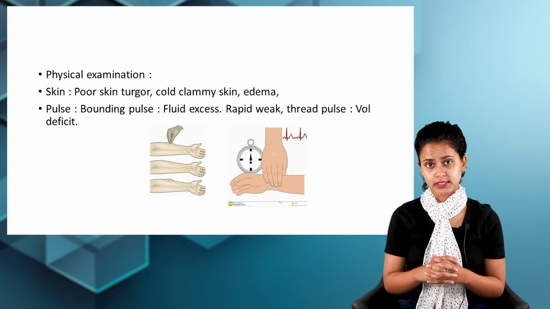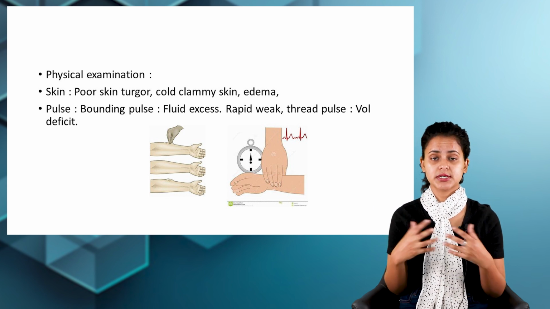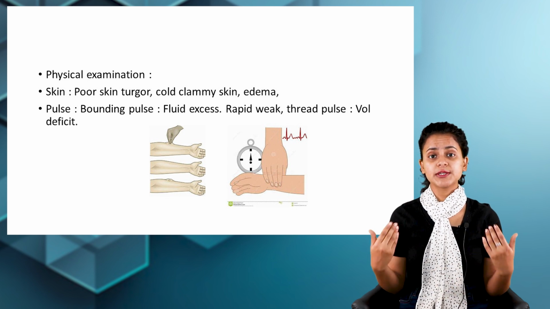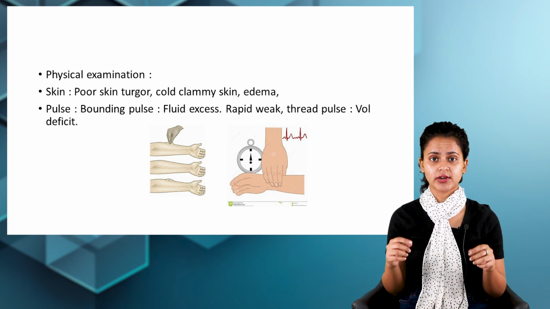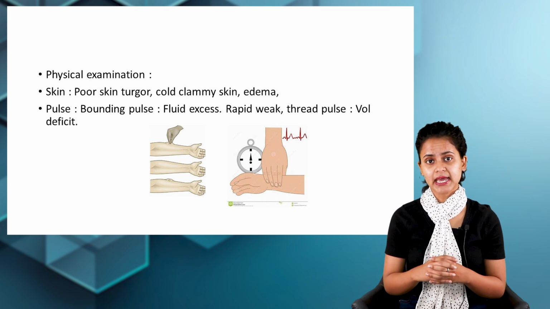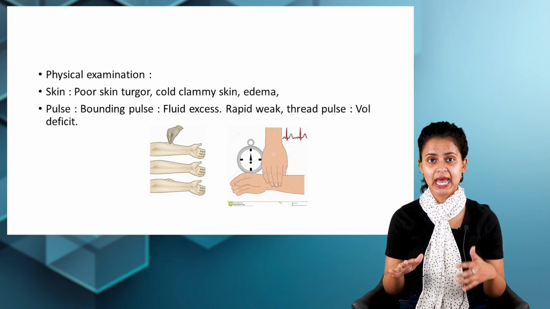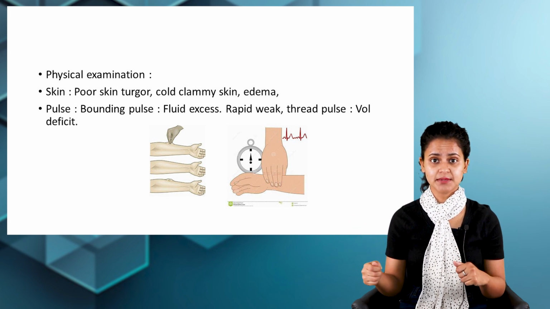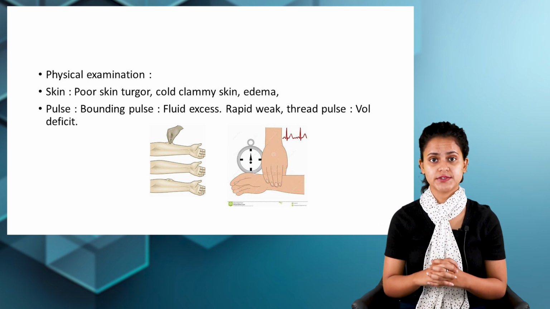Often, in case of a person who has fluid volume deficit, we will note that skin turgor will be reduced. Often the person can present with cold and clammy skin. These are indications that the person is suffering from a fluid volume deficit.